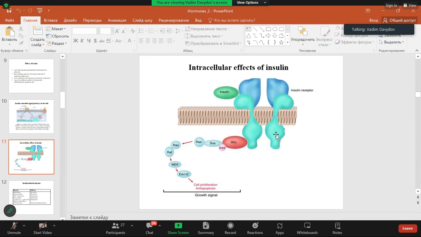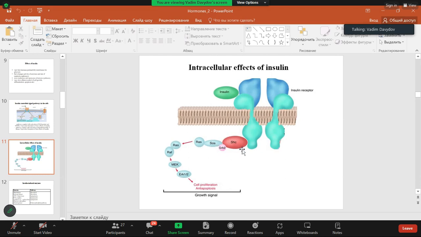On the other side, that active beta subunit phosphorylates the other beta subunit of the insulin receptor. In other words, the first effect of insulin is coupled with phosphorylation of the beta subunit itself. When beta subunits undergo phosphorylation, they get the ability to bind a special kind of cytoplasmic protein.